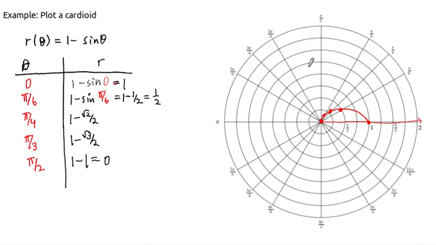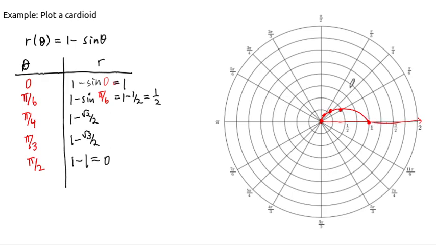Now I'm not going to plug in the rest of these, you should do it for yourself, but because of the way that sine works, the values of sine in the third quadrant over here are the same as the ones over here. So this is just going to be a reflection over what we would normally think of as the y-axis.